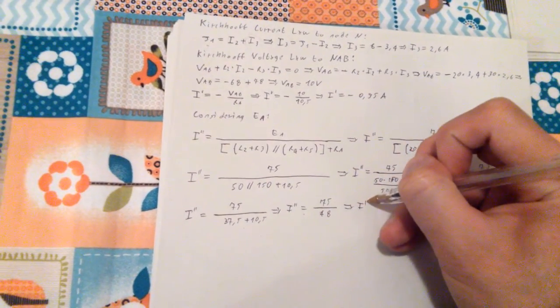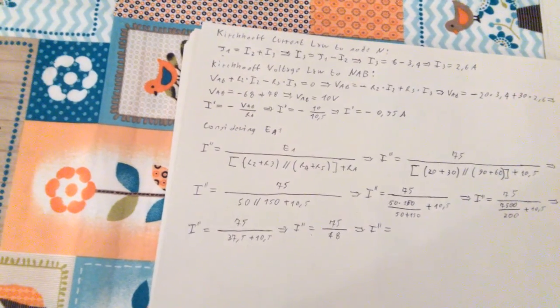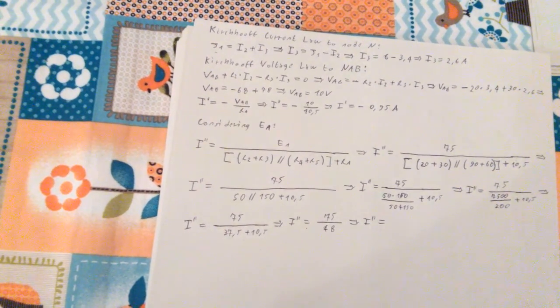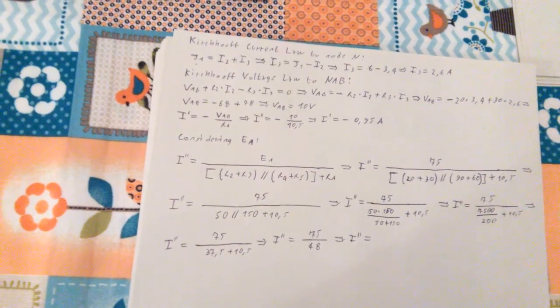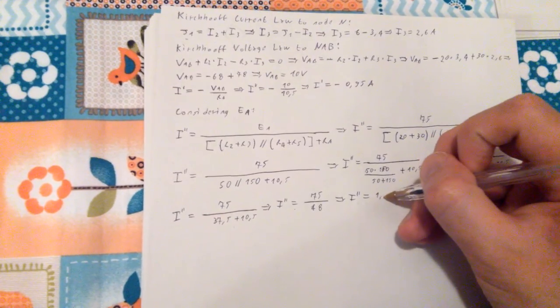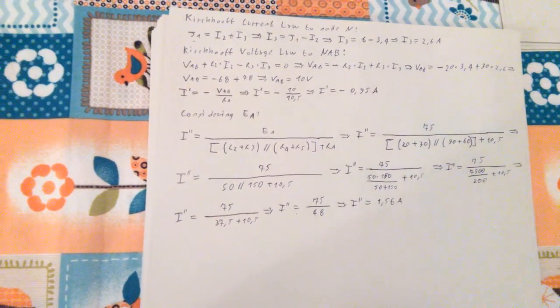So if I divide 75 over 48, it will be 1.56 amperes.